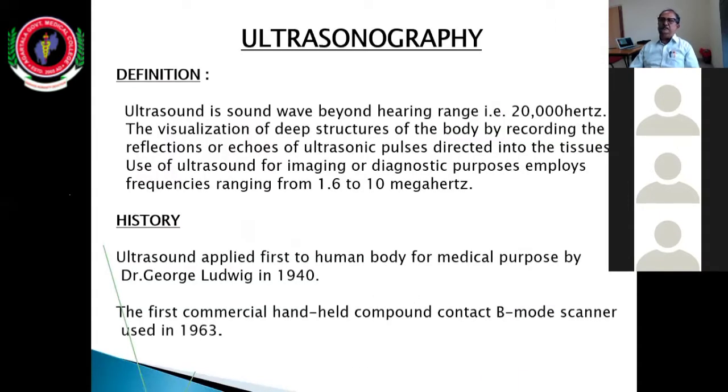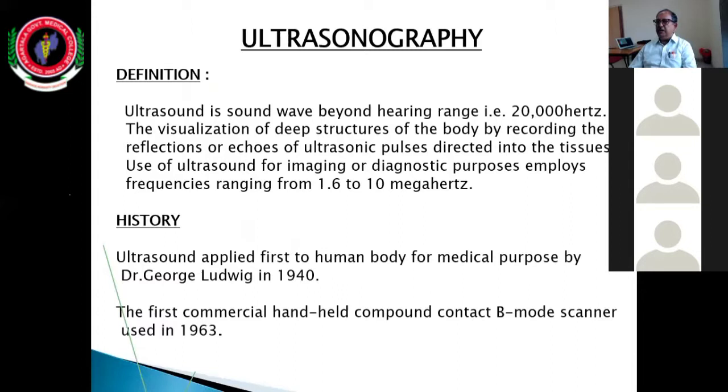Now come to the basic principle. What is ultrasonography? What is the definition of ultrasound? Ultrasound is basically a sound wave beyond the hearing range. What is the hearing range? That means 20,000 hertz is the upper limit of the hearing range.